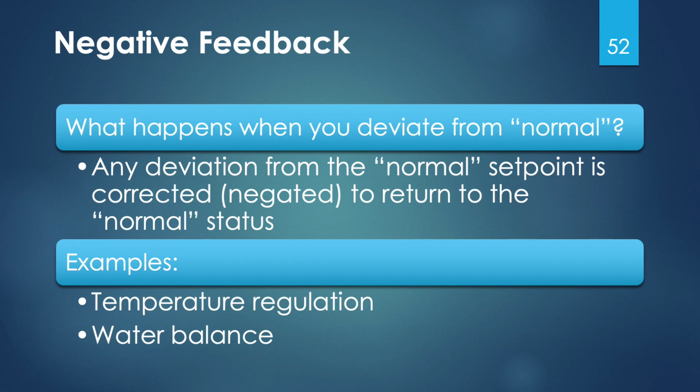So negative feedback occurs whenever you deviate from normal, and basically the set point has to be corrected to return to normal. So if you turn to your textbook, you'll see figure 1-8, which talks about controlling room temperature. And it's a really great graph because it gives you the idea that homeostasis is effectively normal room temperature, like 20 degrees Celsius or whatever that is in Fahrenheit.